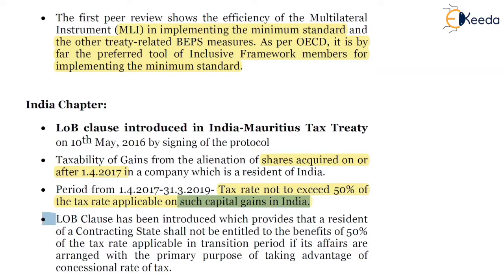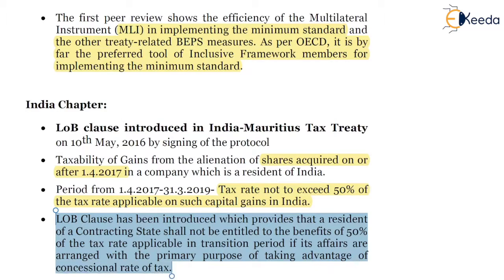LOB clause has been introduced, which provides that a resident of a contracting state, means resident of Mauritius, shall not be entitled to the benefits of 50% of the tax rate applicable in transition period if its affairs are arranged with the primary purpose of taking advantage of concessional rate of tax.